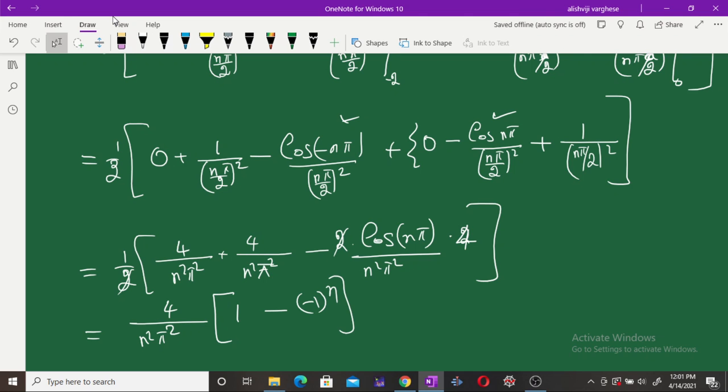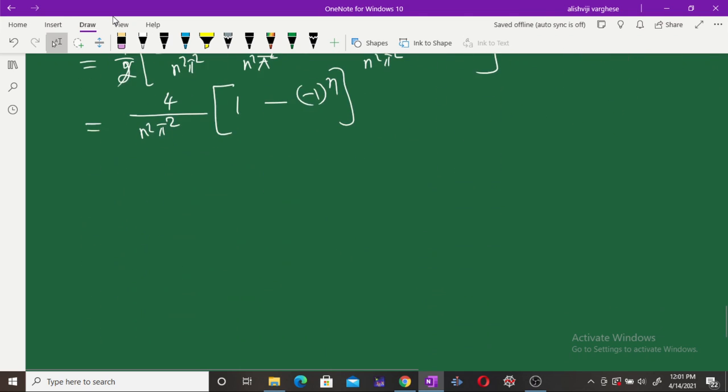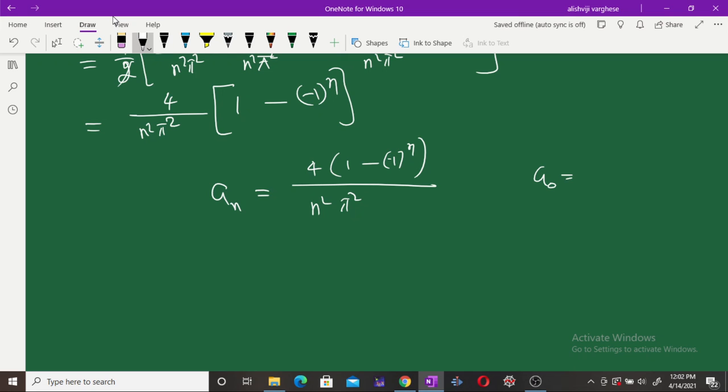So we can write it as a single term, an is equal to 4 into 1 minus (minus 1) raised to n divided by n square pi square, and also a naught is equal to 2.